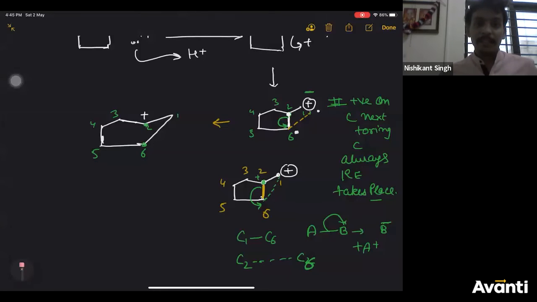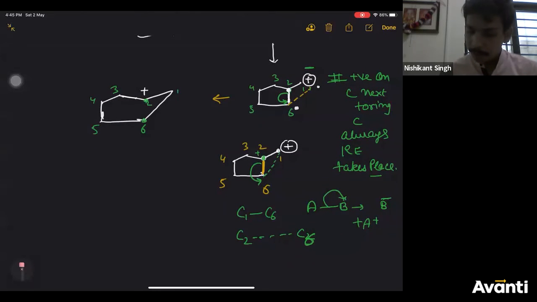All right. So let's discuss this, students. Let me come to this again. The bond between first and sixth carbon is formed, and the bond between second and sixth carbon is broken, right? So you can see here, C1-C6 bond is formed, C2-C6 bond is broken.